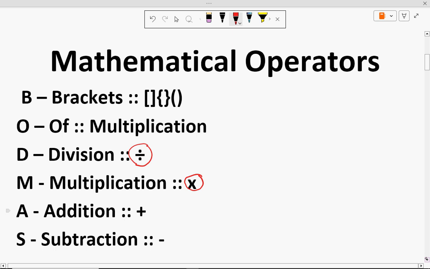A in BODMAS is addition, and this is represented by the plus sign. Similarly, S stands for subtraction, and a dash is used to denote this subtraction operation. So these symbols are called mathematical operators.